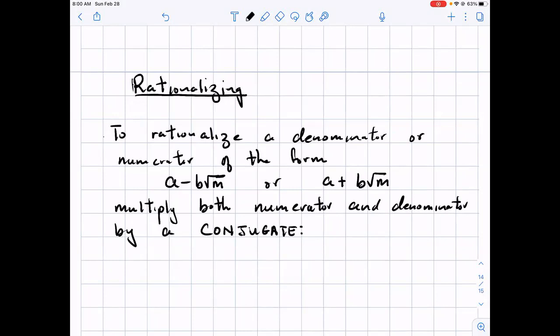Okay? So we have to multiply both of them by the conjugate. Very important.